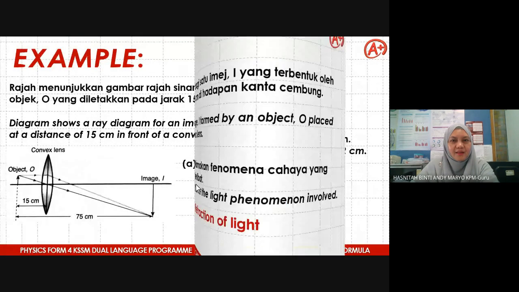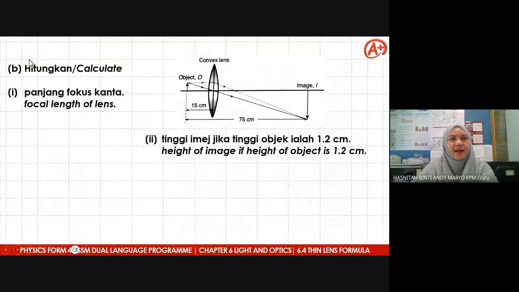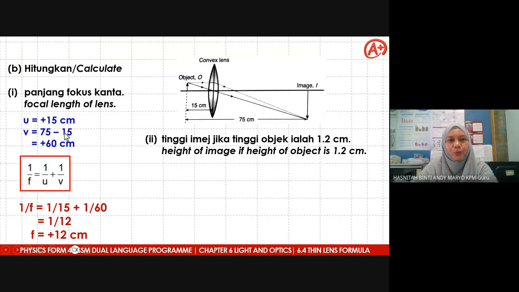Second, they ask you to find the focal length of this lens. So how to find focal length? Remember our thin lens formula, 1 over f equals 1 over u plus 1 over v. This is the related diagram and this is our information. U is 15 centimeter.